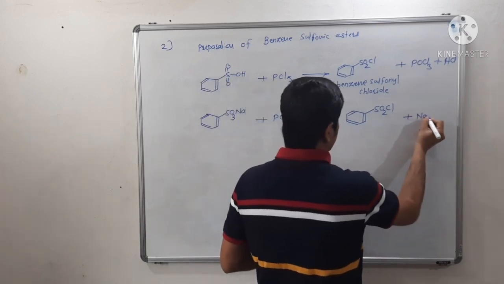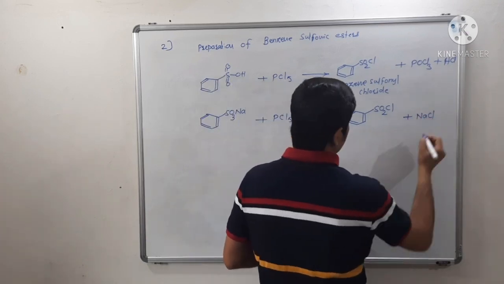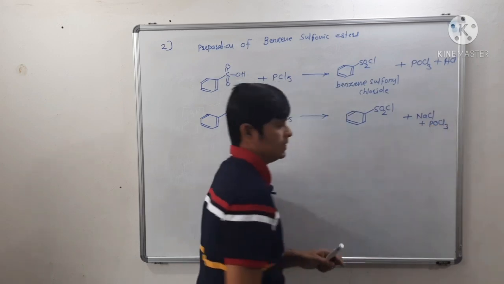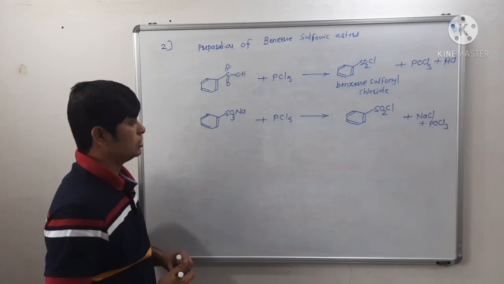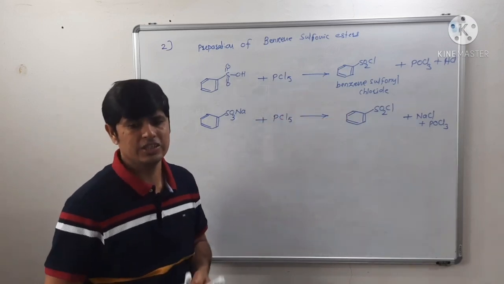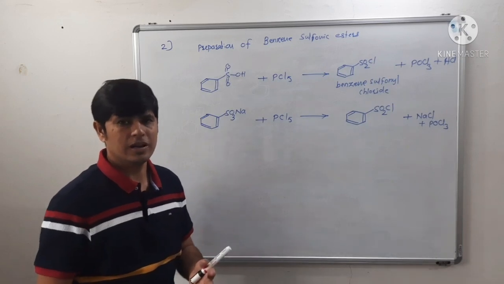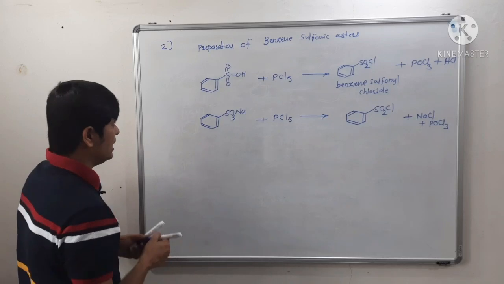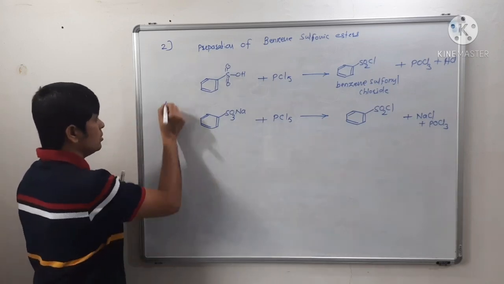The byproducts will be NaCl and POCl3. So in this way we can prepare benzene sulfonyl chloride first. Initially we can prepare benzene sulfonyl chloride from benzene sulfonic acid. Okay, this is step number 1.